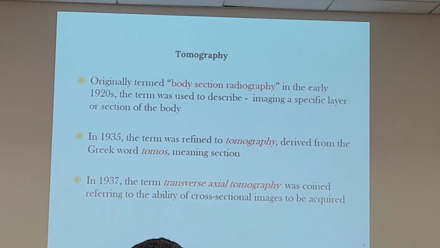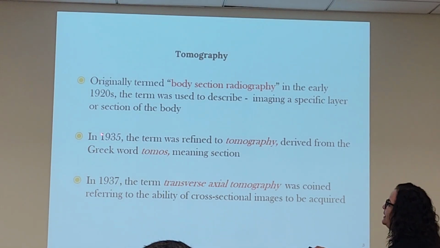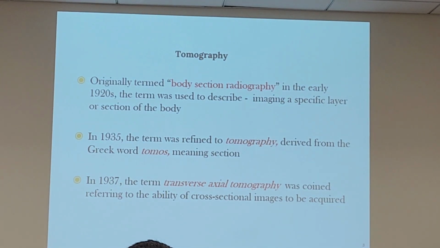So there were different ways of lowering or centering the image receptor to the X-ray tube. In 1935, the term was refined to tomography, which is basically capturing an image of a specific section. And then in 1937, it started to take on different meanings.